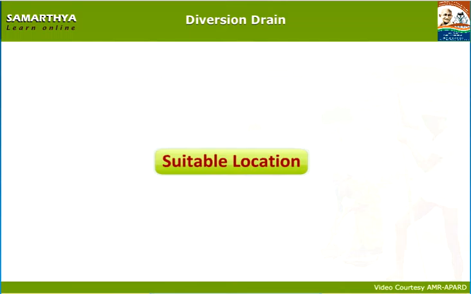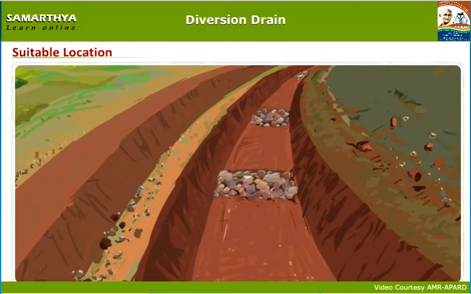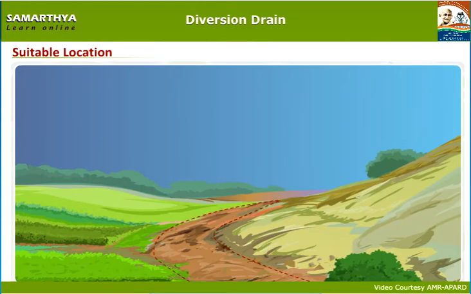Suitable location for constructing diversion canals. Let us see what kind of location is suitable for constructing diversion canals. Diversion canals are constructed across the slope of the hill and between the bottom of the hills and fields.